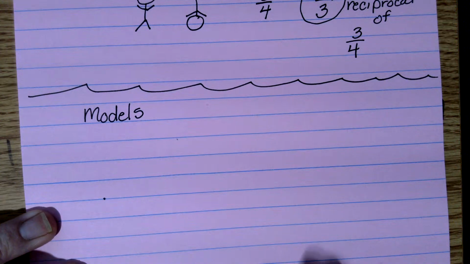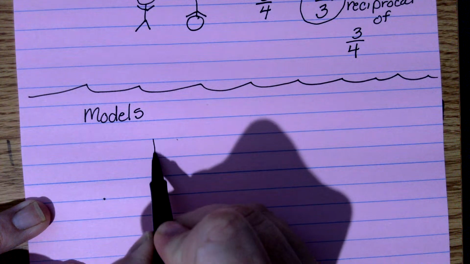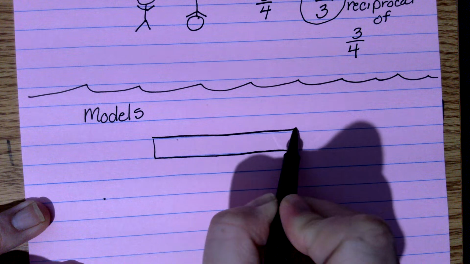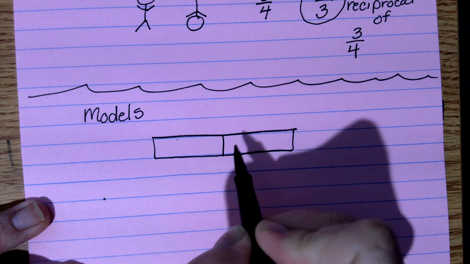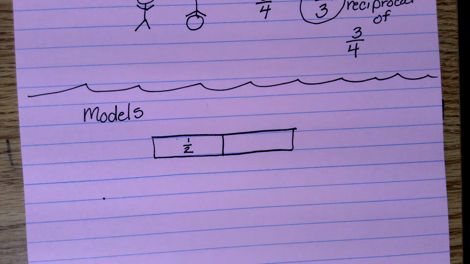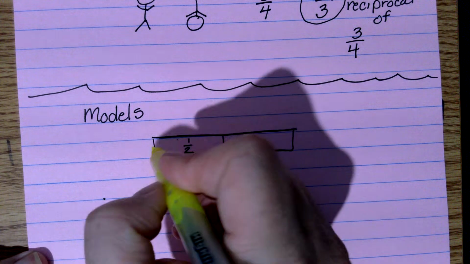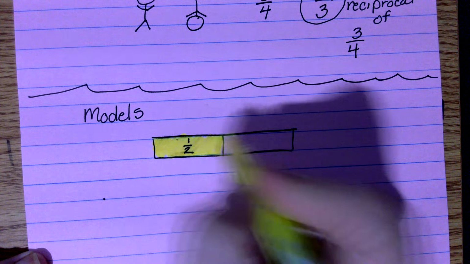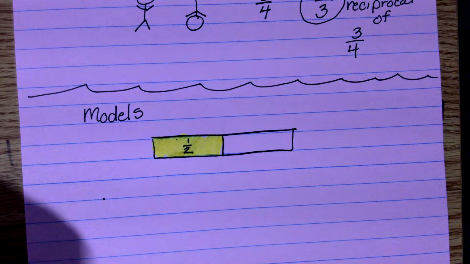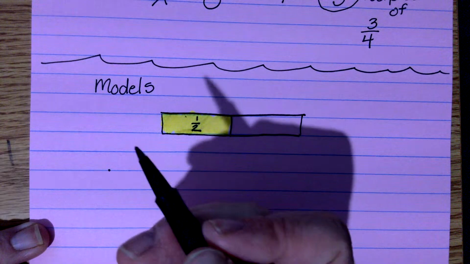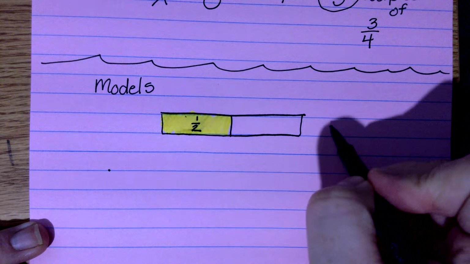Okay, the first model that we're going to look at is we're going to take a whole and divide it into halves. And we're going to color in 1/2 of the whole. This is going to give us the first term that we're dealing with in our division problem, which is 1/2.